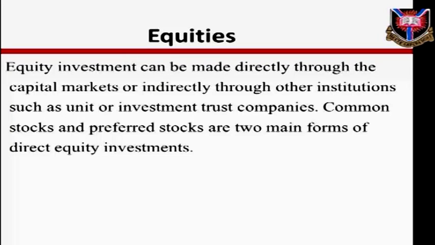Equity investment can be made directly through the capital market or indirectly through other institutions such as unit or investment trust companies. Common stocks and preferred stocks are two main forms of direct equity investment.